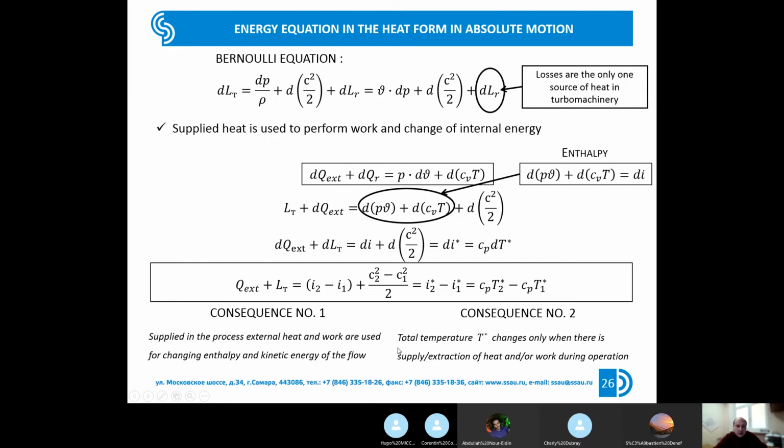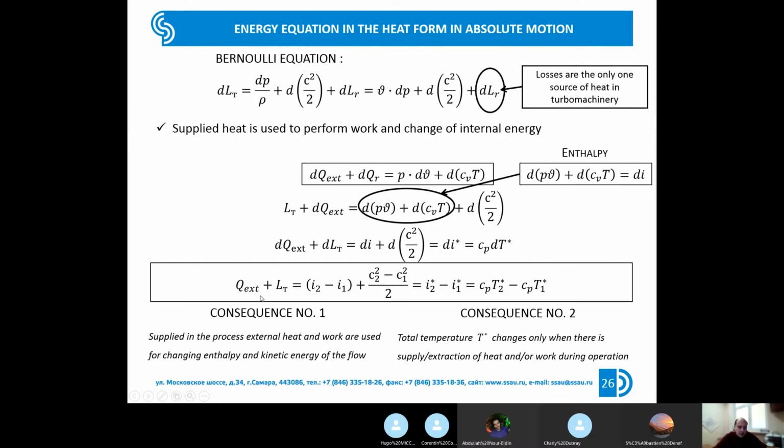The main conclusion from this equation was, we received two conclusions. First, supplying external heat and supplying mechanical work are used in the process for changing enthalpy and changing kinetic energy. It's the first conclusion.